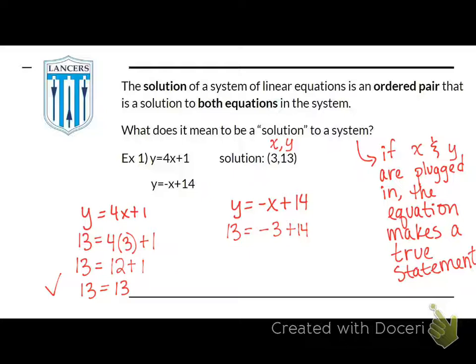Again, 13 doesn't simplify. It stays 13. What is negative 3 plus 14? 11. Did this make a true statement? No, it did not. So that means this is not a solution.